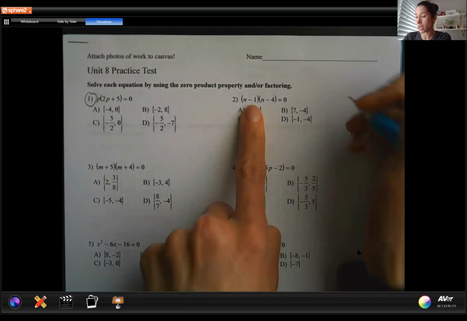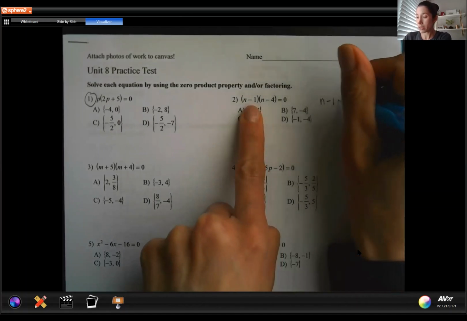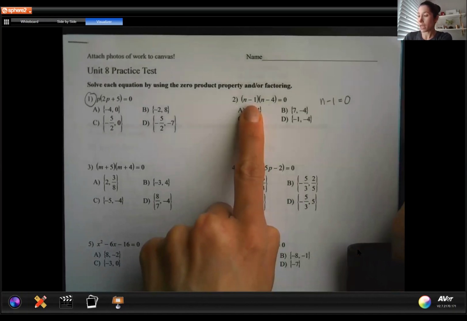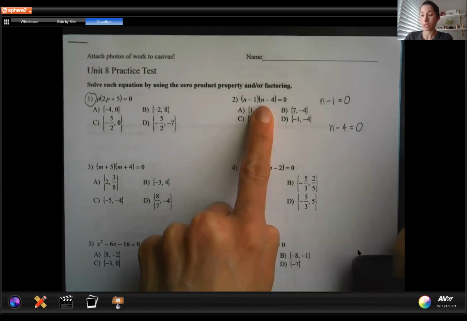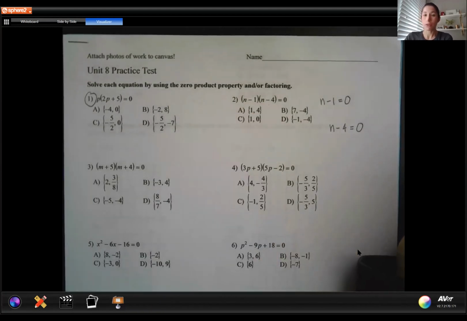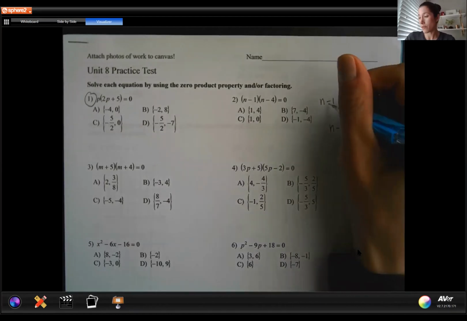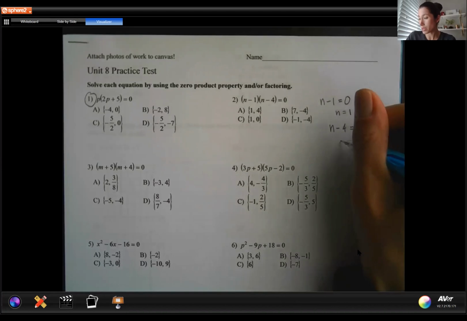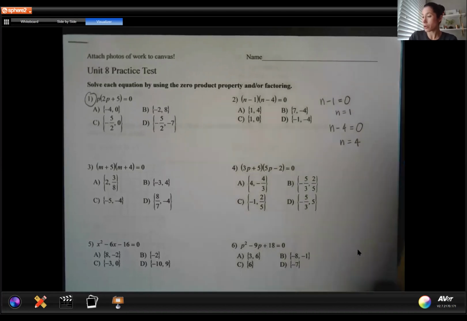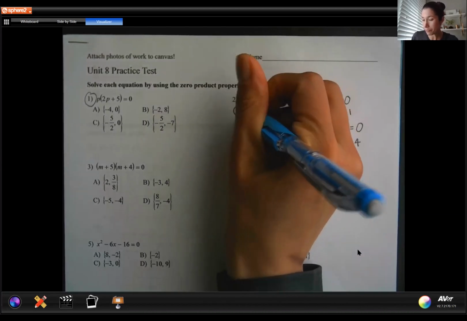So then I could just take n minus 1, set that equal to 0, and I could also take n minus 4 and set that equal to 0. So then I'm just solving for n in both of these cases. If I add 1 to both sides, n is 1. If I add 4 to both sides, n is 4. So our two solutions would be 1 and 4, so that would be here.